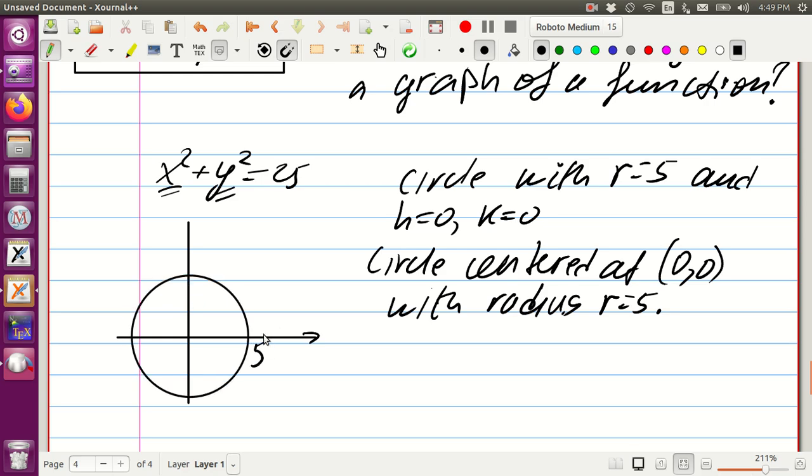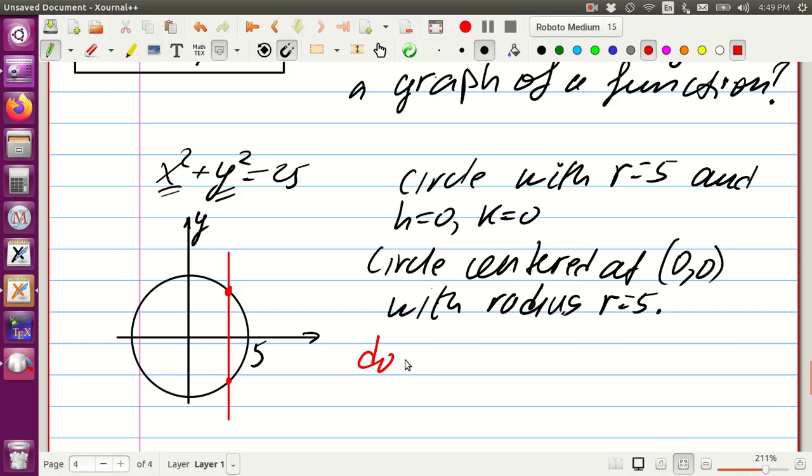and radius is equal to 5. Now we're trying to see if we draw a vertical line, can we cross it more than once? Right? Can we cross it more than once? Definitely here we have one place where we cross, second place where we cross.